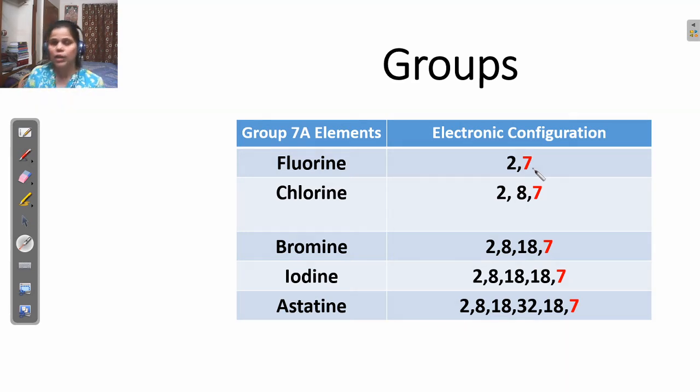That is more than 4, so we need the number of electrons to complete the octet. Octet means 8 electrons. In the case of fluorine, if fluorine accepts one electron from other elements, then the electronic configuration will be 2, 7 plus 1, which is 2, 8.